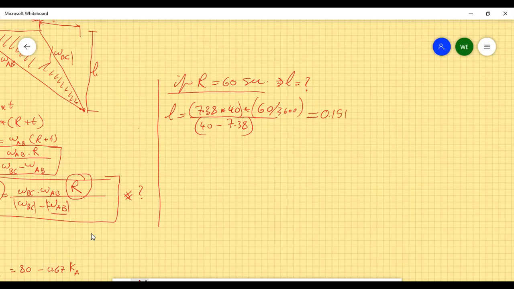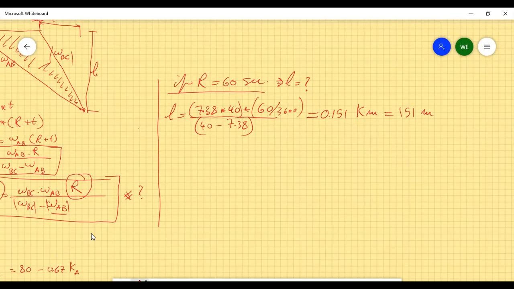So what is the units here? Kilometer. That means the Q length will be 151 meters.